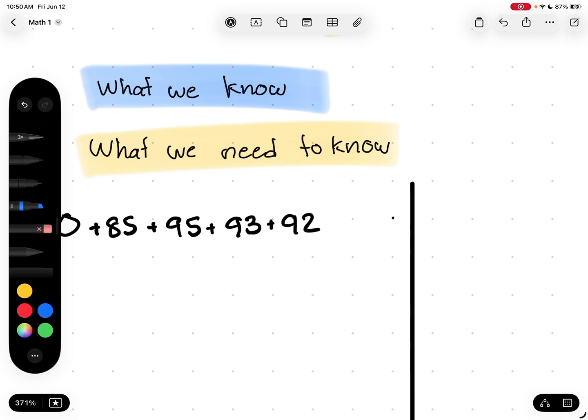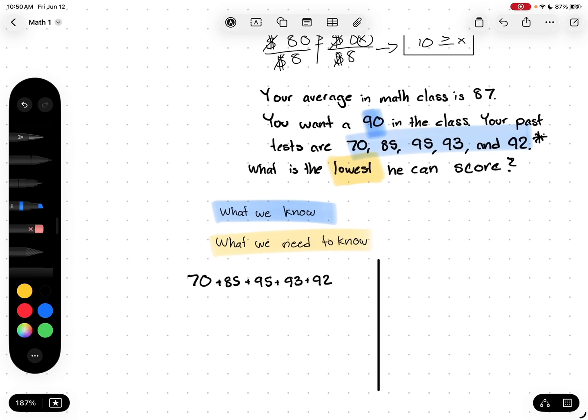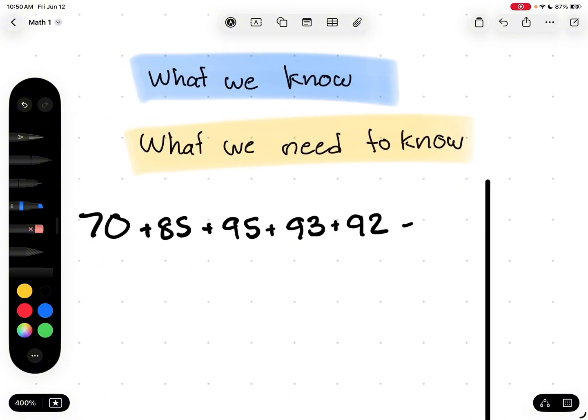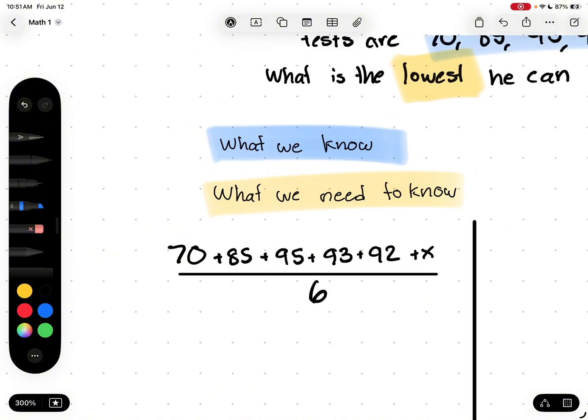Those are our test scores. And we know we have one more test after this, so we can add x. And in order to find your average, you divide the total by the number of numbers you have. So you add up the numbers on top, and then you divide by the number of numbers on the bottom. 1, 2, 3, 4, 5, 6. x counts as a number here because it is a test score.